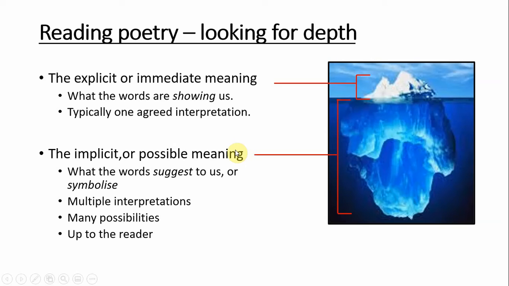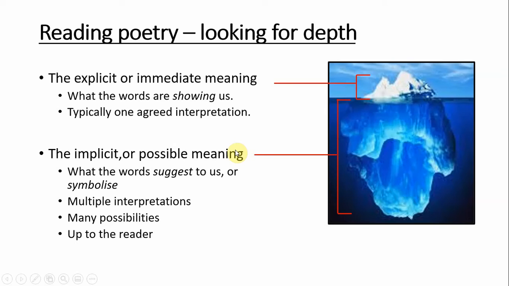Where it's really important is when we look at the deeper part, the implicit or the possible meanings, the meanings that are hinted at, the meanings that we can draw out by mixing our own experience and ideas with what the poet said. This is what the words suggest to us or even symbolize. And there can be multiple interpretations.